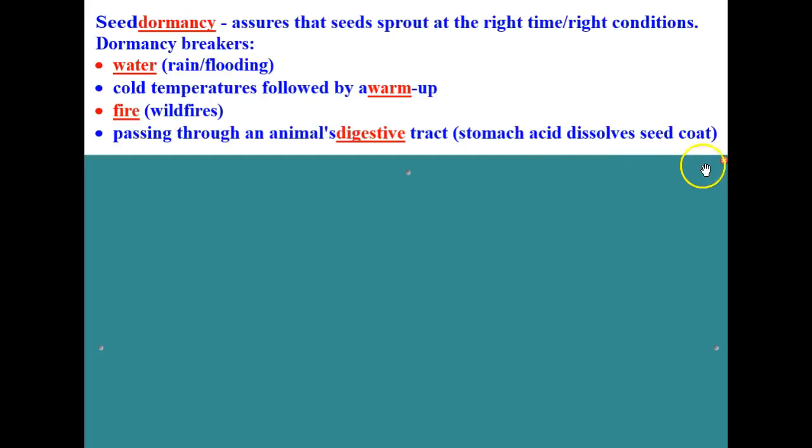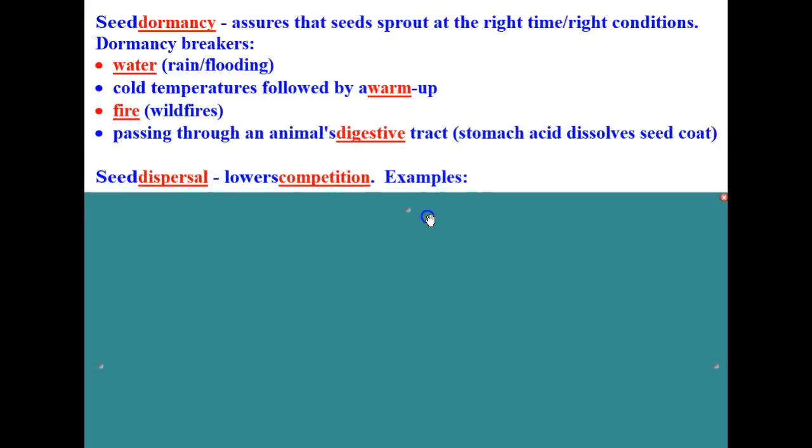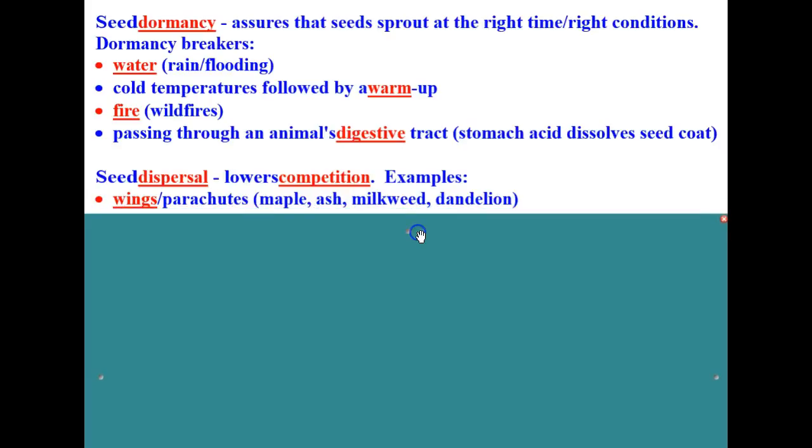Plants have also adapted various ways to disperse themselves, and these methods lower competition by being able to spread into larger geographic areas. Some examples are seeds that use wings or parachutes. Examples include maple, ash, milkweed, or the dandelion.